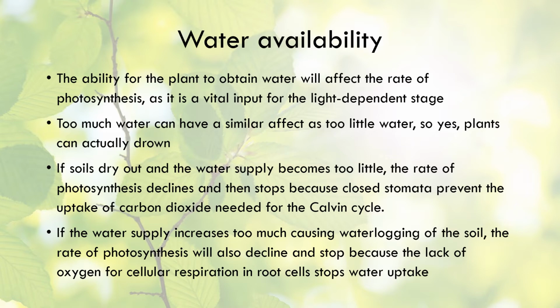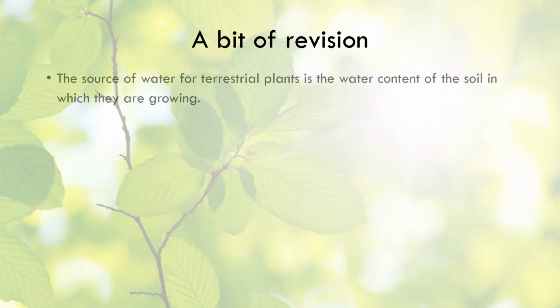So again, we've got another catch-22 where if we give it too much water, we actually drown the roots. The cellular respiration can't occur because there's no oxygen around the root cells, and so we stop uptake of the water. Even though it's drowning in water, we stop that uptake. So it's really important to make sure that we have the right amount of water for our plant.